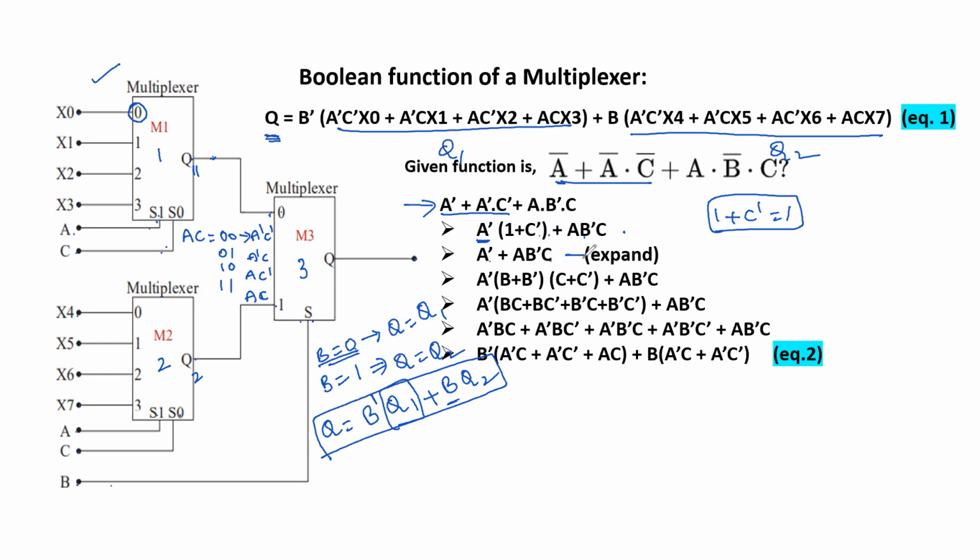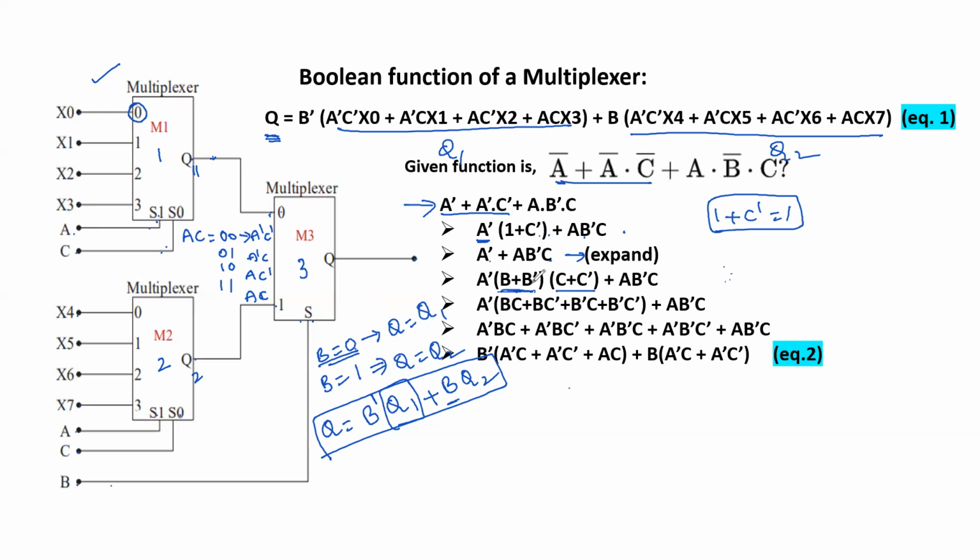Now we should expand this expression to compare with the first equation. Okay, so here A dash into, the missing terms are B and C. Now we should add the missing variables along with the A dash. So to add the missing variables, B should be taken as B plus B dash because its value is 1. Similarly, C plus C dash is also equivalent to 1.